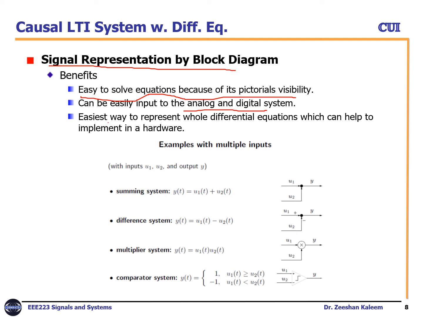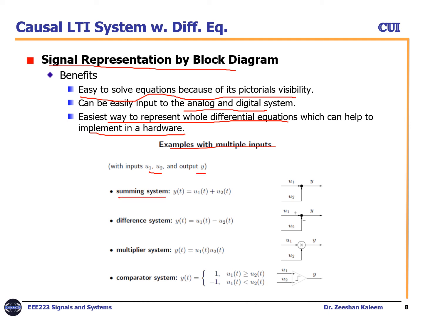And it is the easiest way to represent the whole differential equations, which can help to implement them in hardware. So when we represent them in a block diagram, as the complete block diagram is in front of us, we can easily implement that in hardware. Examples of multiple inputs: inputs u1, u2 and output y.